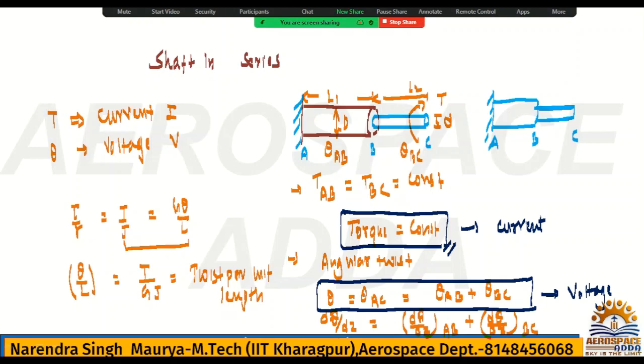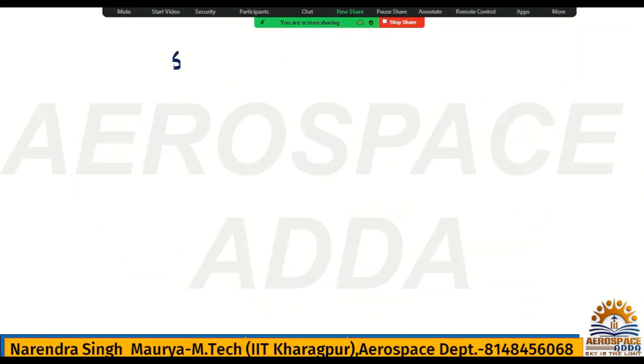Now we'll go for the next, which is called the parallel. So, shaft in parallel. In case of shaft in parallel, what will be the diagram? In different books you may get different diagrams, but this is the usual diagram I'm giving here. If the shaft is parallel, then both shafts are at a fixed end.